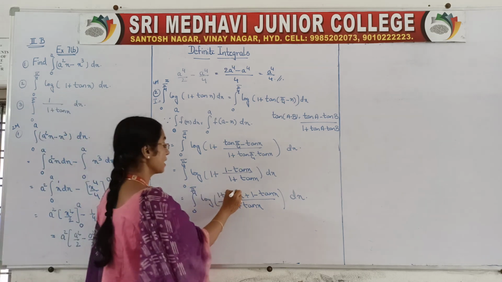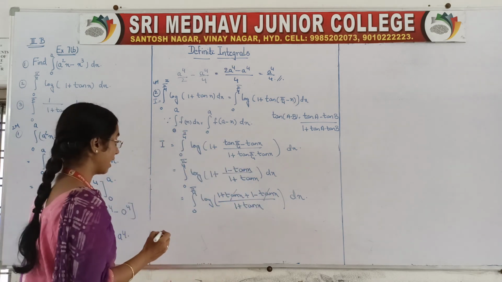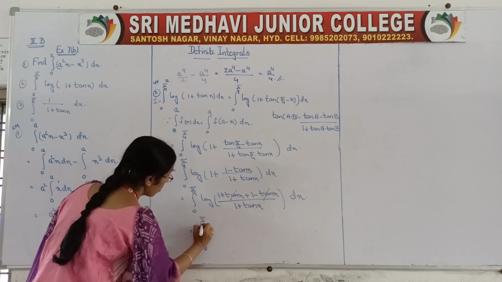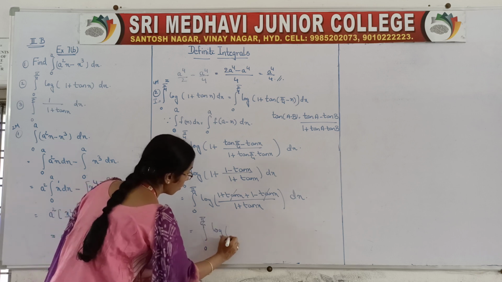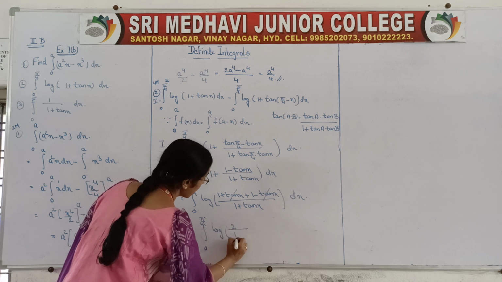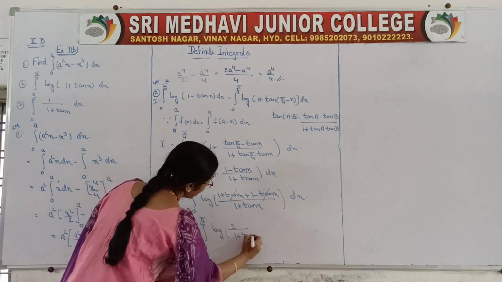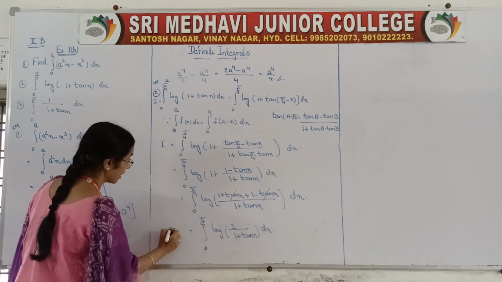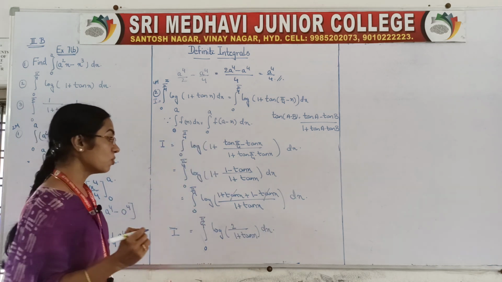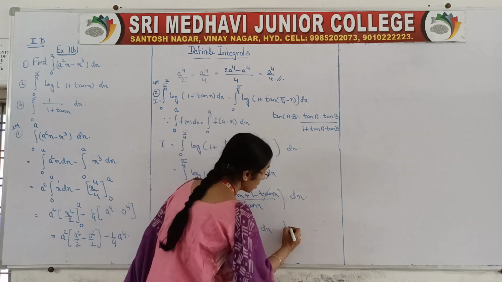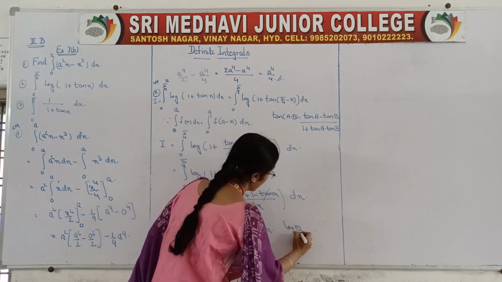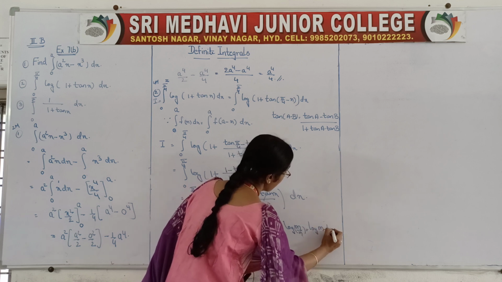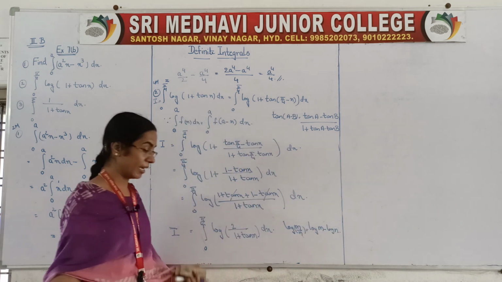Okay, so plus tan x minus tan x cancel. It is equal to integral 0 to pi by 4 log of 1 plus 1, 2 by 1 plus tan x dx. This is your I, right? So now it is of the form log m by n. What is the formula for log m by n? Log m minus log n.